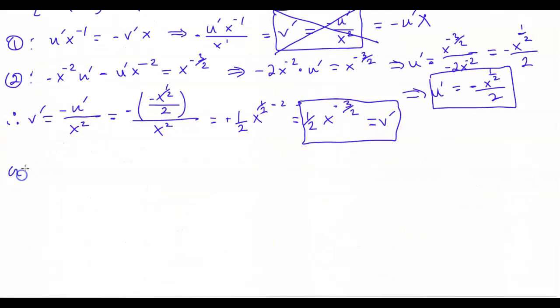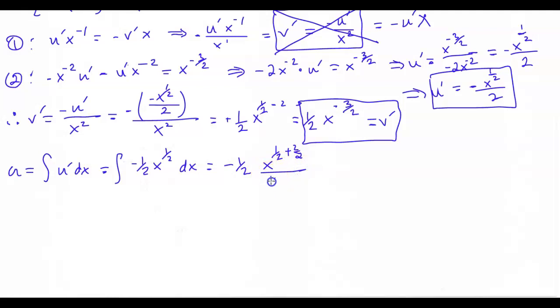All right, so here we know that U is just going to be the antiderivative of U prime dx. That's basically the antiderivative of -1/2 x raised to the +1/2 dx. We ignore the constant. Here, add 1 to the exponent, divide by the same, and then we'll add our integration constant here, plus K1.